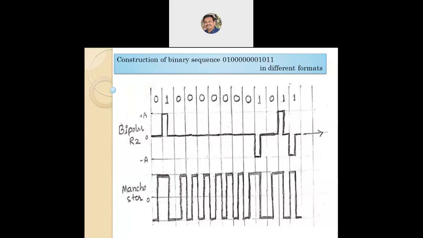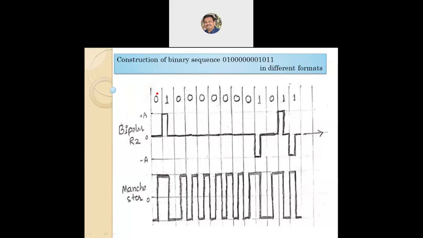Look at this bipolar RZ. In bipolar RZ, the 0 bit has 0 amplitude and bit 1 has amplitudes plus A and minus A for alternate ones, and the width of the amplitude is always half of the width of the signal.